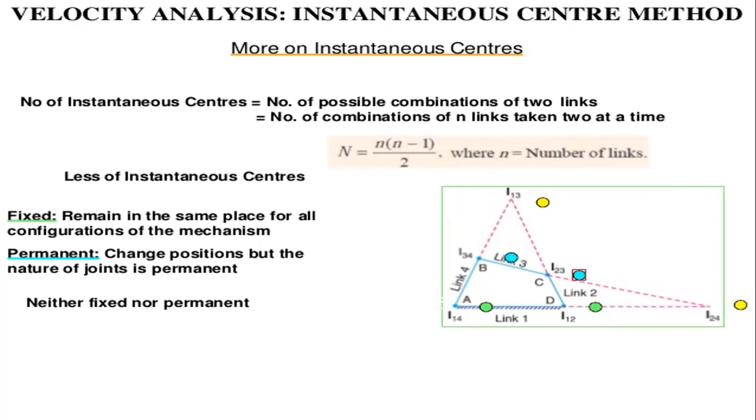The ABCD quadrilateral shows the fixed instantaneous center locations. And these I13 and I24 are neither permanent nor fixed locations.